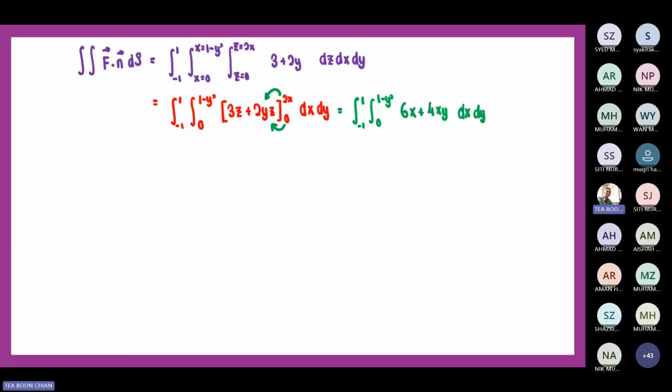So next, I'm going to integrate with respect to x, giving me 6x squared over 2 plus 4x squared y over 2, with the upper limit 1 minus y squared and lower limit 0.